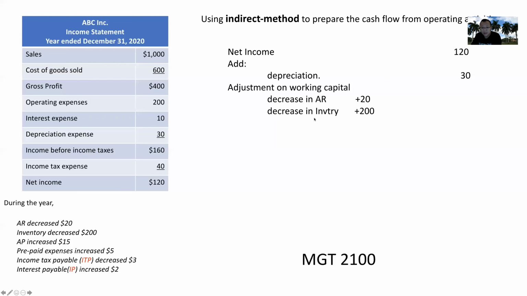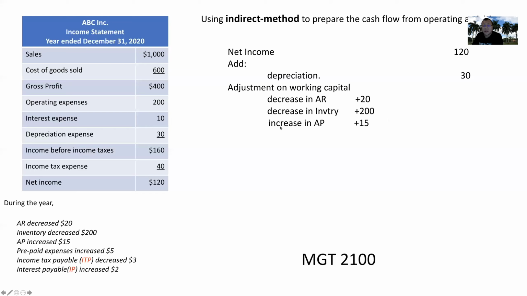Decrease in inventory. So your inventory decreased by $200. Again, that means you are selling these inventories for cash, right? So basically, you are converting the current assets, AR and the inventory, into cash. That's the reason why these balances decrease. So your cash will increase by 200.